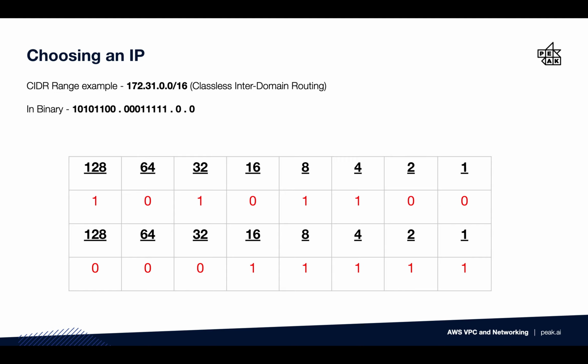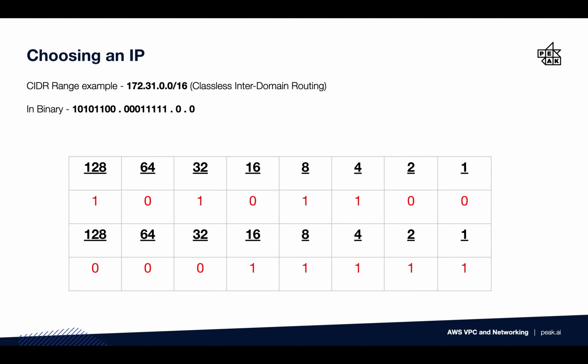So to make it a little bit easier, we go from left to right. We start at 128. Now you notice there's a 1. Now these bits can only be 1 or 0, on or off, similar to, for example, a light switch. It's either on or it's off. So this means that we have 128. So we keep that. We move to the next bit, 64, we have 0. So we don't count anything.